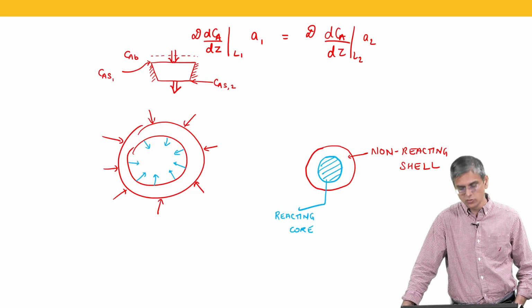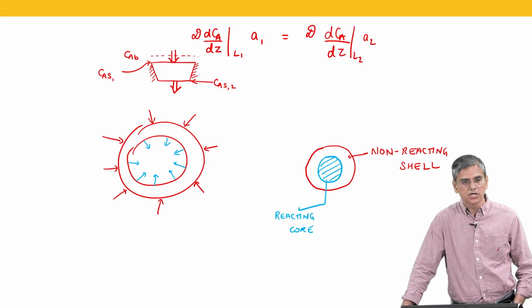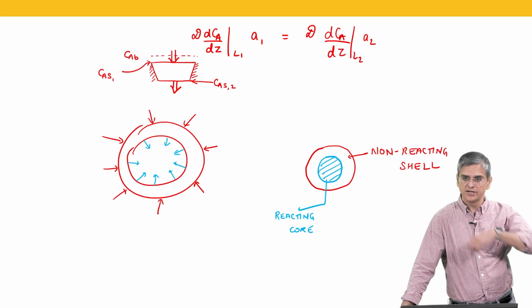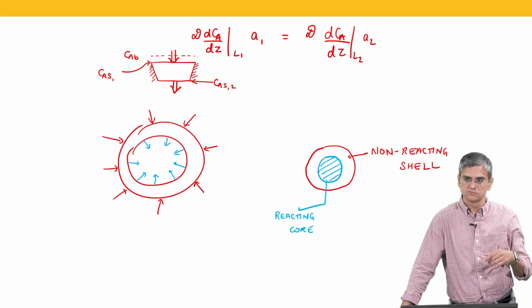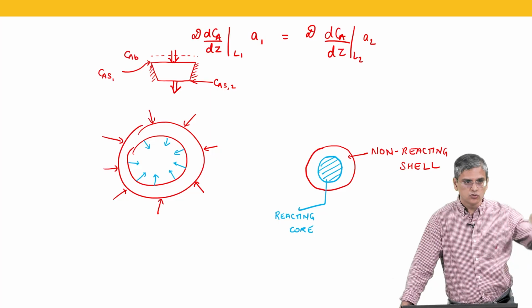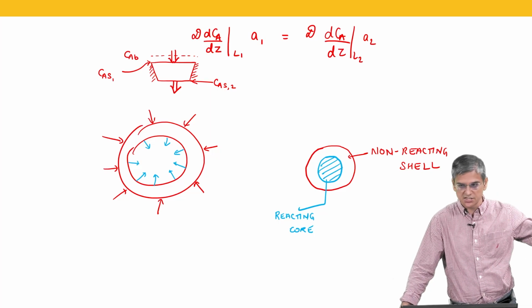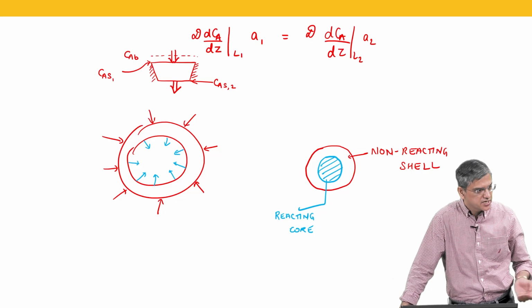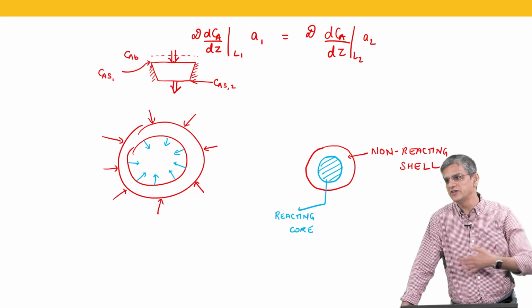Case number 1, there is no reaction in the shell, but in the core the reaction is taking place only on the surface. Case number 2, there is diffusion and reaction taking place within the core. Case number 3, diffusion is extremely fast.